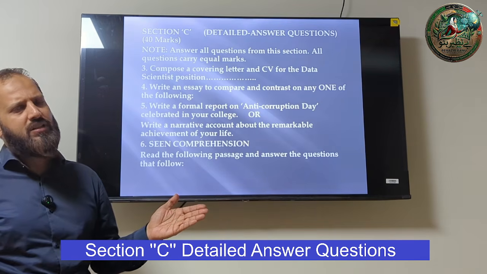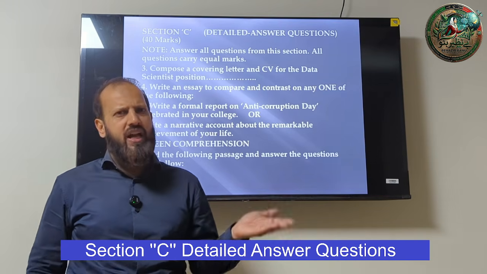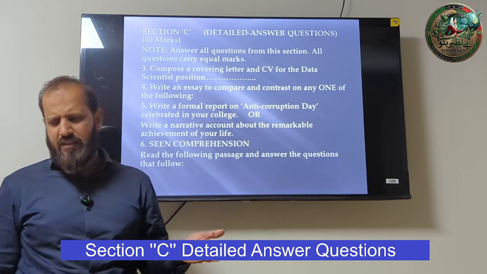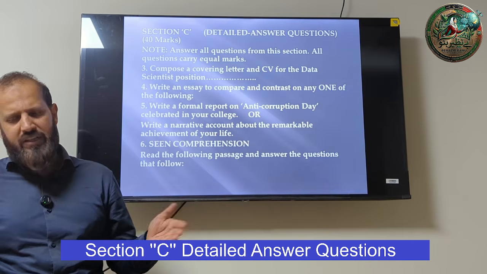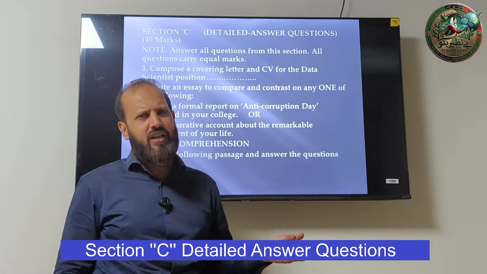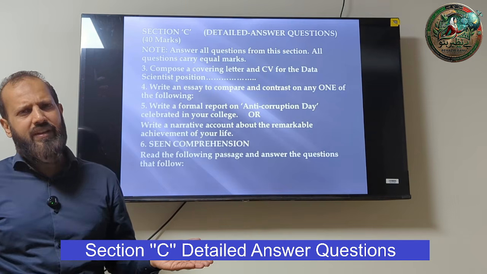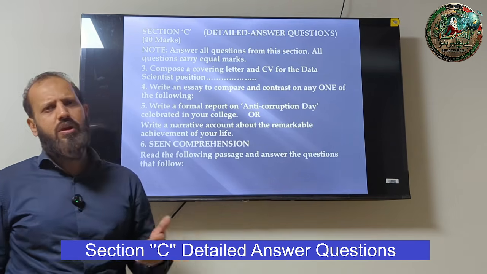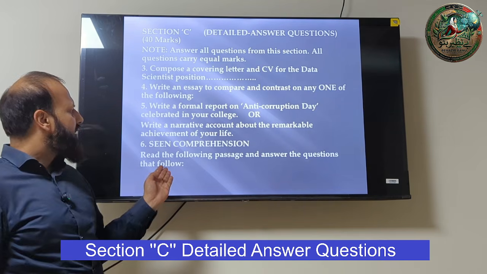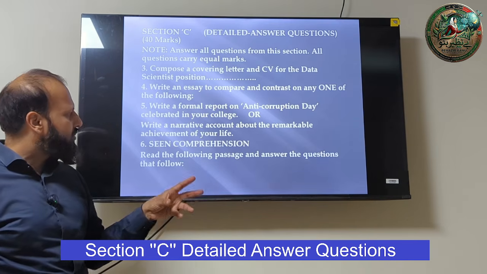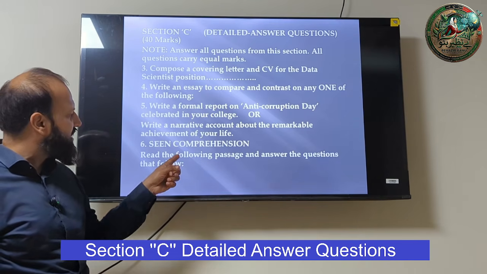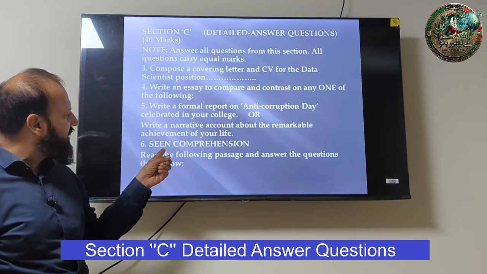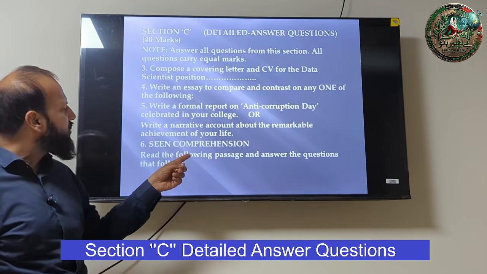On 11th August 1947, Qaid-e-Azam's speech, and then My Bank Account, and different topics, technology revolution, and A Visit to Singapore. So these topics are connected. There's a passage, and it would be taken from your textbook. Scene comprehension.